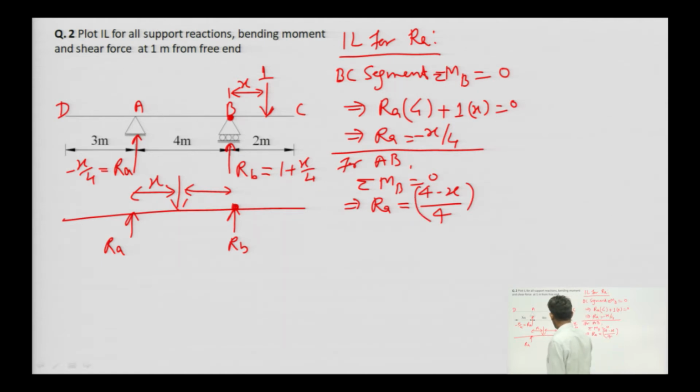Let us check the direction: RA will produce the bending moment in clockwise direction and the unit load anti-clockwise direction, so the RA value will be plus here. So, what will be the value of RB? RA is (4 minus x) by 4, and the value of RB will be x by 4.